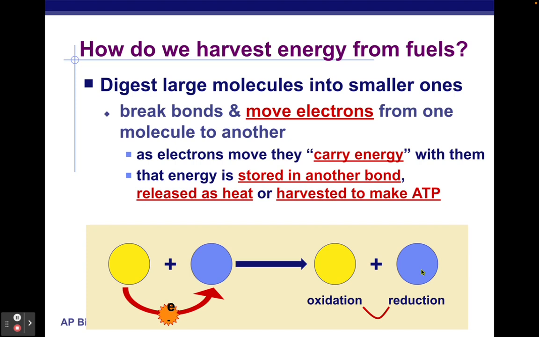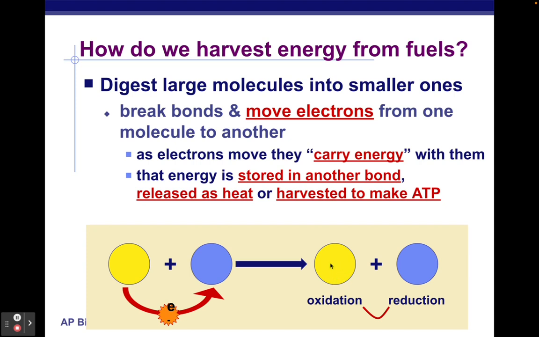The reduced form of a molecule has a higher level of energy. So that electron has carried energy with it to this reduced molecule. Blue now has more energy than yellow. The ability to store energy in molecules by transferring electrons is called reducing power. It's a basic property of all living systems. Important information there.